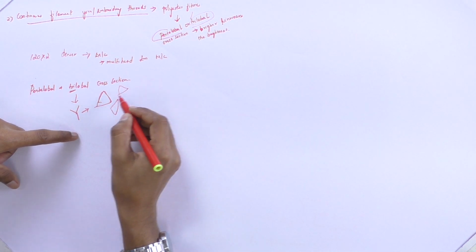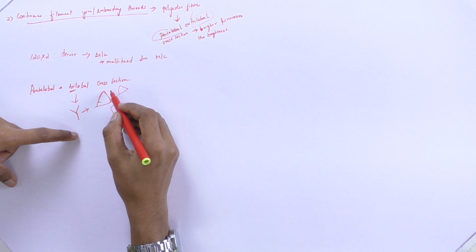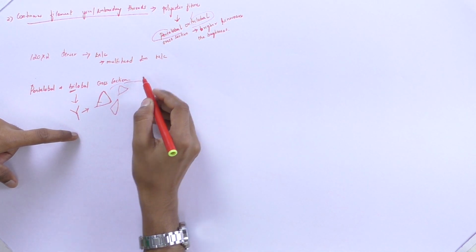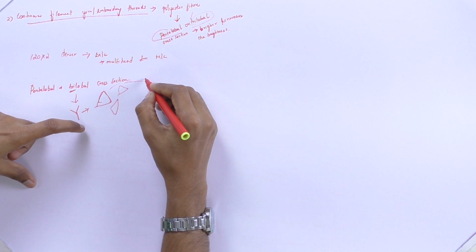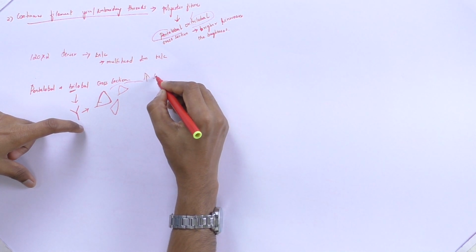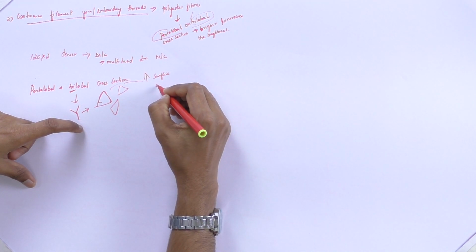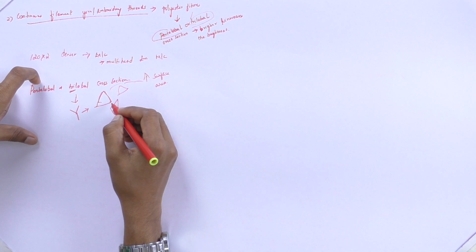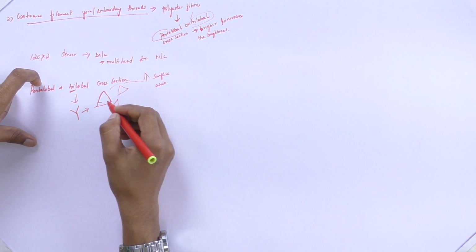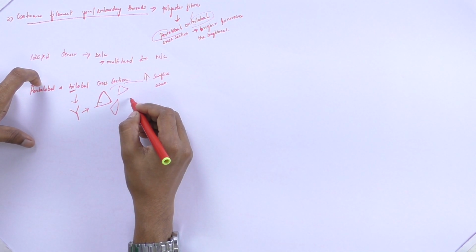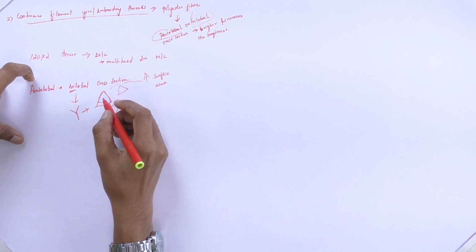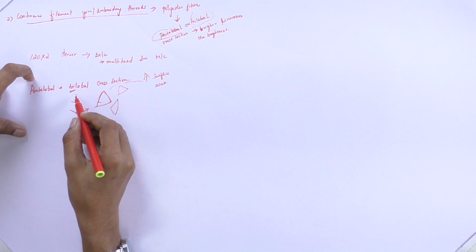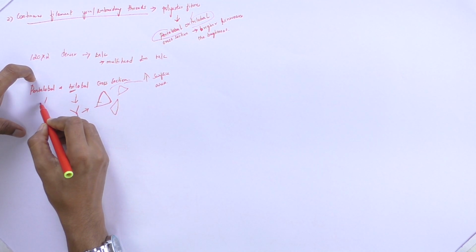We have a triangle-shaped cross section, where these trilobal cross sections have increased surface area, which provides space for the polymerization process to take place in a better manner in both penta and trilobal shapes.